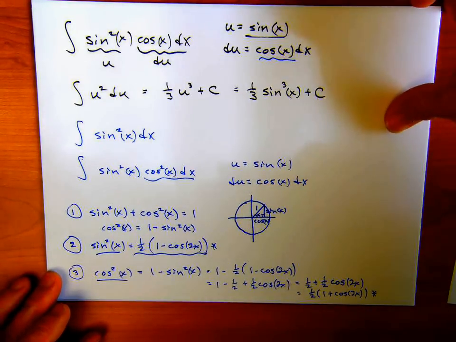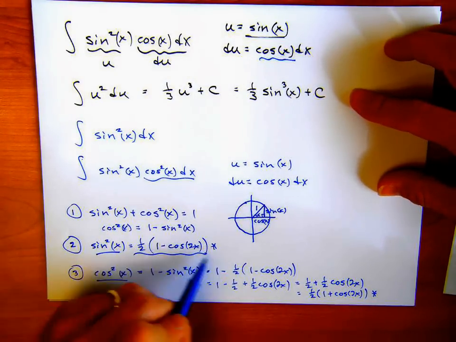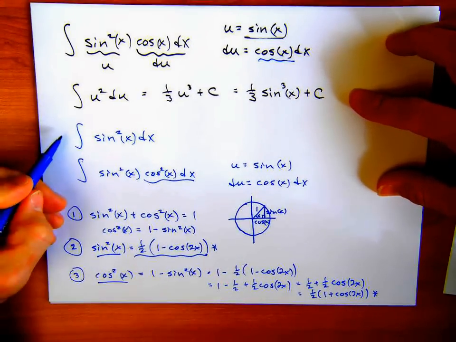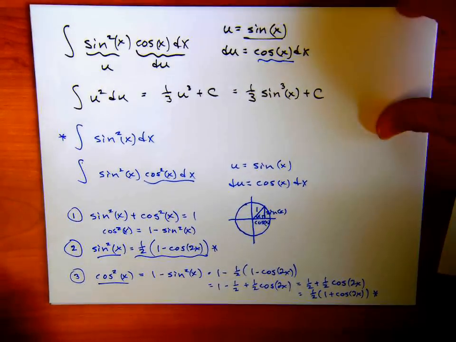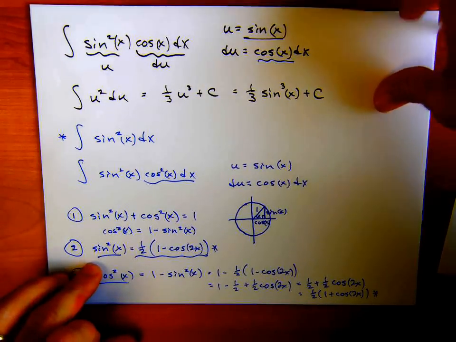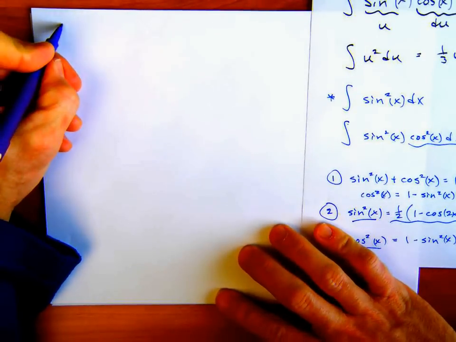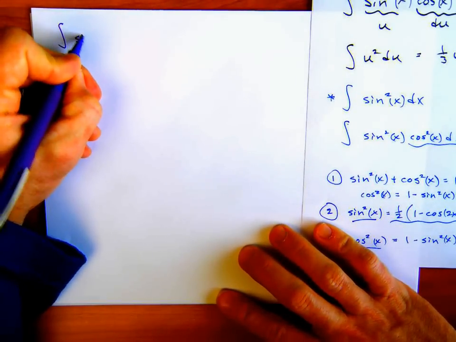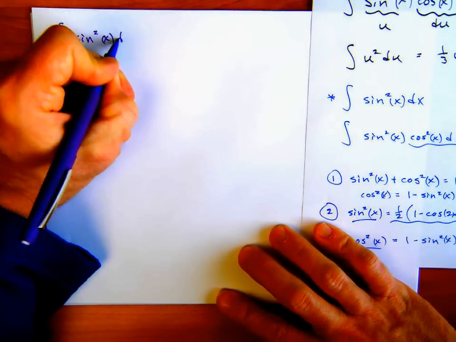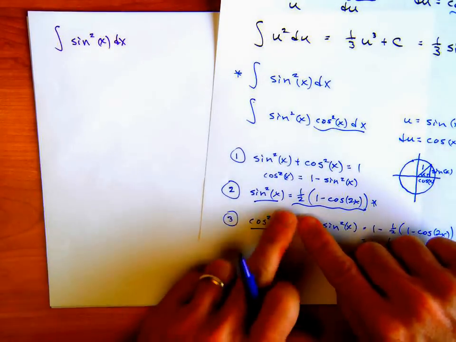Okay, so let's actually use this one right here and see how this might help us with this one up here. I'm going to use yet another color because the blue is getting tired. All right, so what we're looking at is this sine squared. So take the integral of sine squared of x dx, and we're going to do this substitution right here.